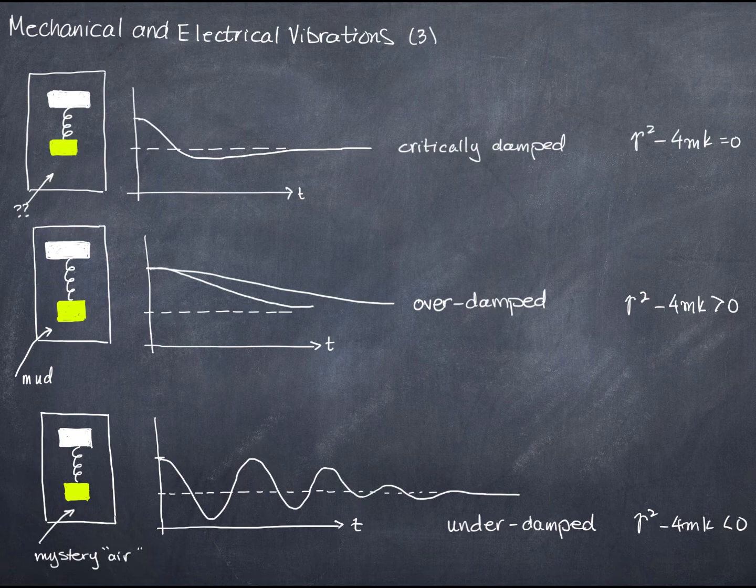We had our equation that looked something like this: mass times u double prime plus gamma times u prime plus k times u equals 0. And we said for the undamped instance, gamma was 0, so this whole term went away. Well, look at our equations here. If gamma is 0, then gamma squared minus 4mk has to be negative. So we're in the underdamped scenario.